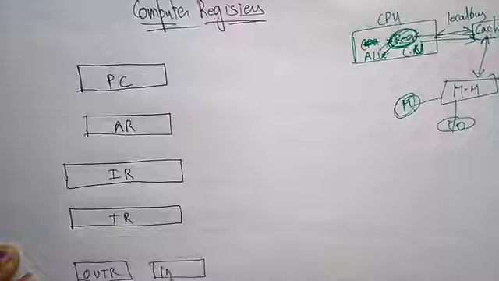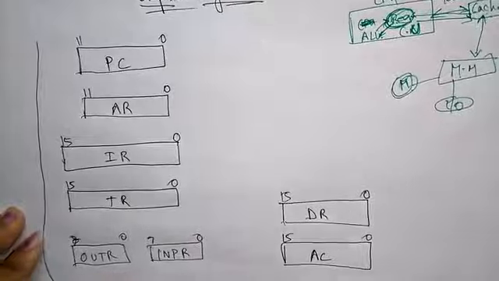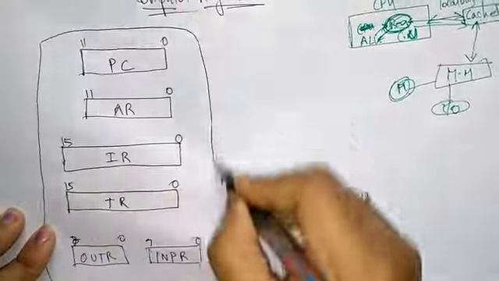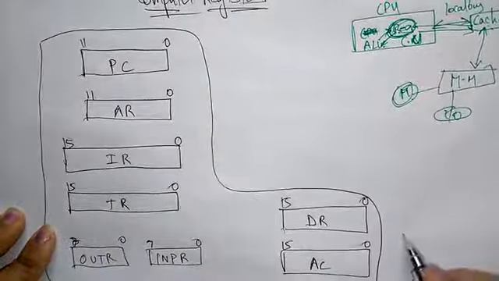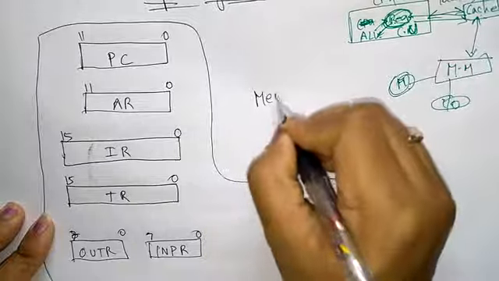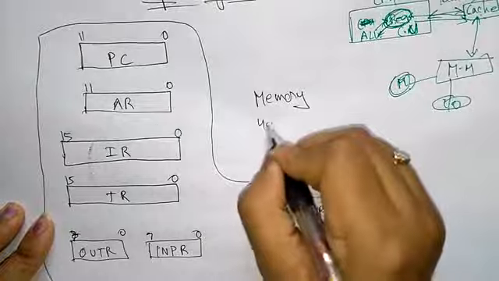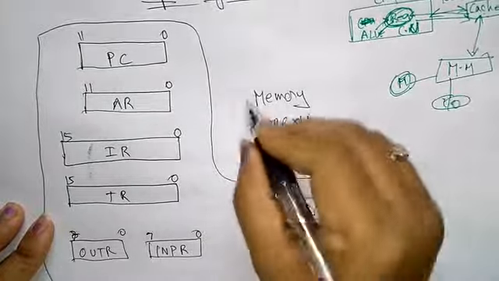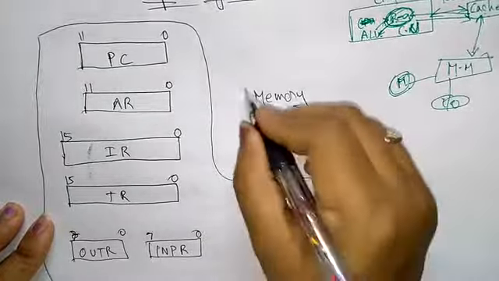The program counter is also 12 bit. All these registers are present in the central processing unit. And the memory size is 4096 into 16.